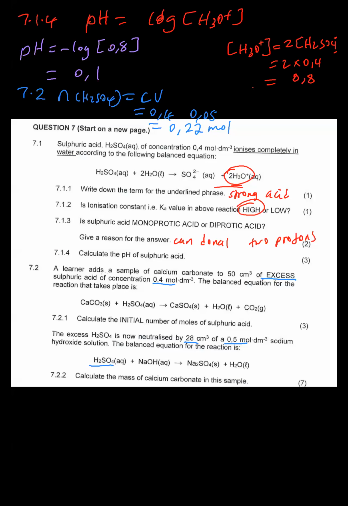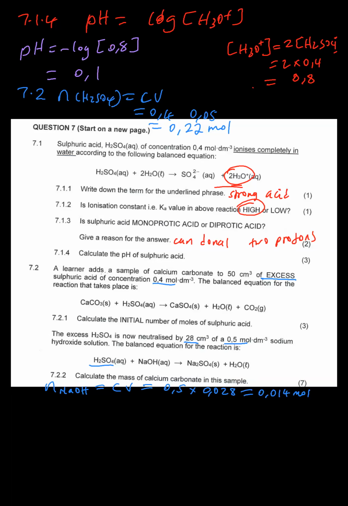We calculate the number of moles of NaOH that reacted using the formula CV: 0.5 times 0.028. What is the number of moles? 0.014 mole.